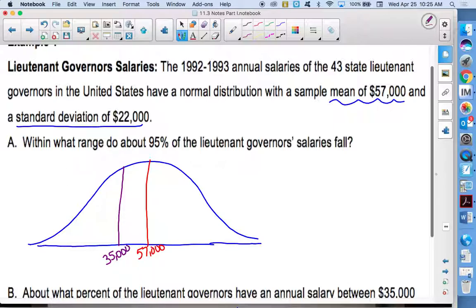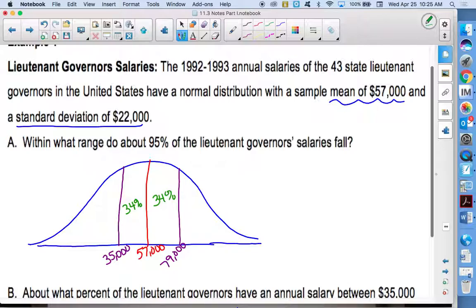And 57 plus 22,000 is 79. So that means my salaries from 35,000 to 79,000 are one standard deviation from the mean. Those values represent 34%. This is where the previous chart will be helpful when you're making your own chart. Every single one is 34%, one standard deviation left, one standard deviation right.